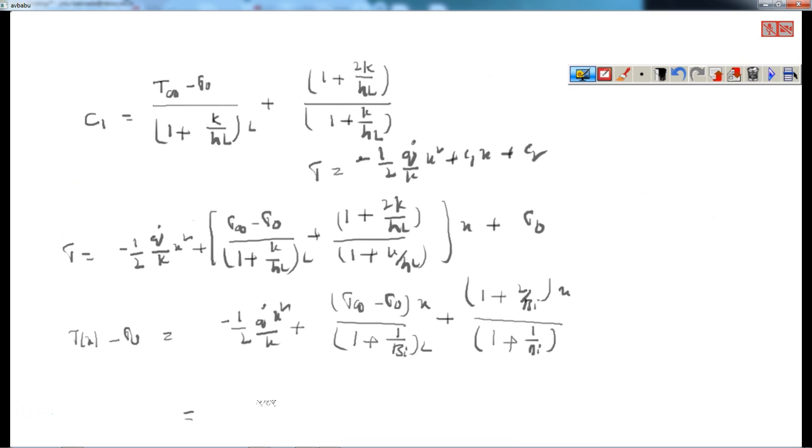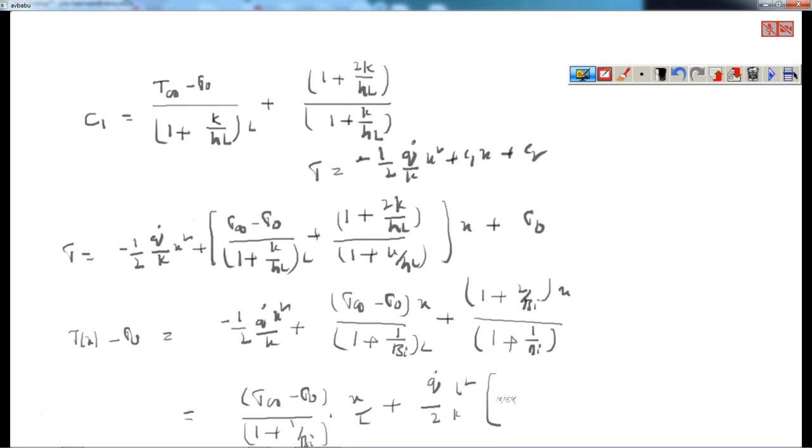This is equals to T infinity minus T0 divided by 1 plus 1 by Biot number of x by L plus q dot by 2kL square, right? I take it out.